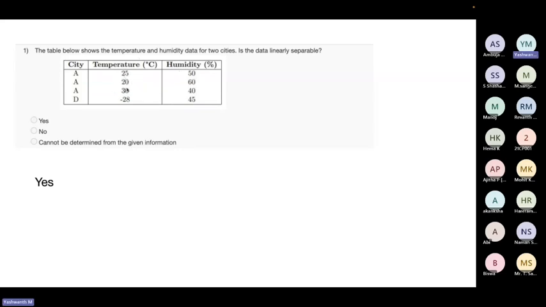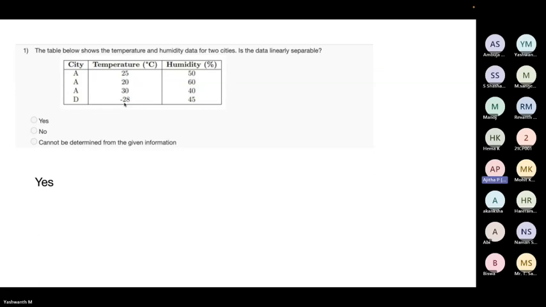You can split this because for city D you have a negative side. So the y-axis is the line that can separate all these data points. Okay. Any questions? Why is the y-axis the line that can separate out these data points? I can explain it if you have a question.